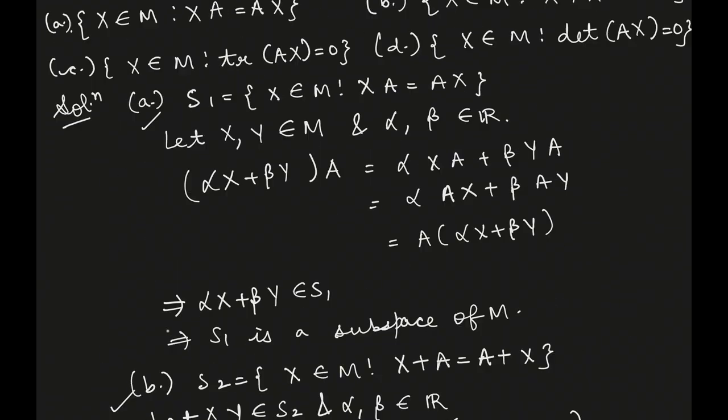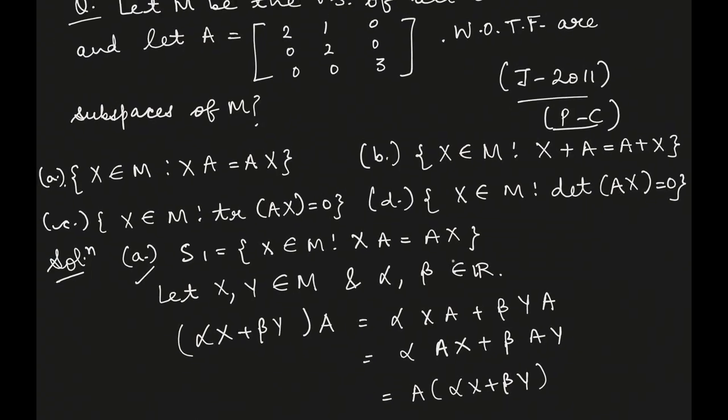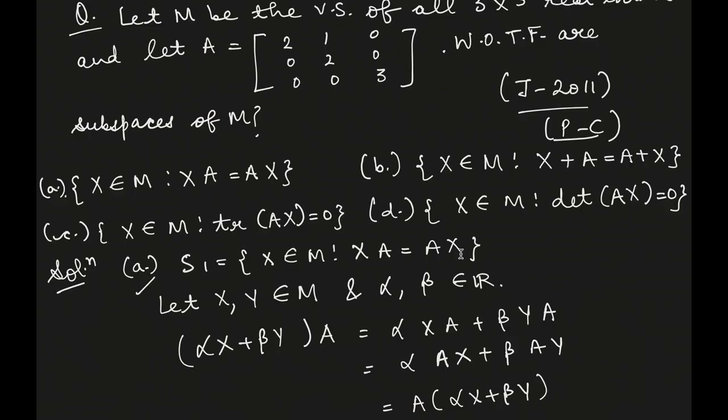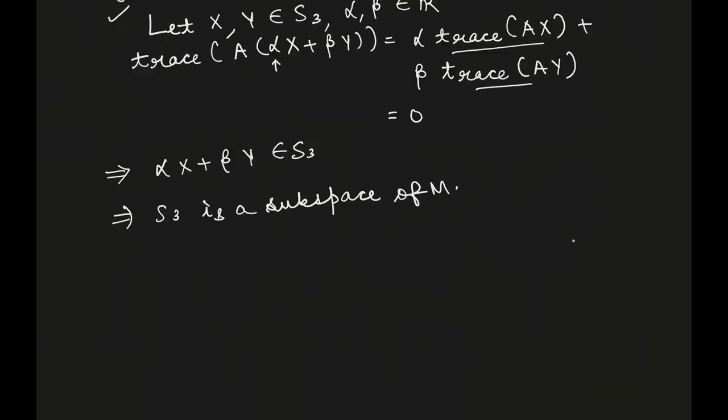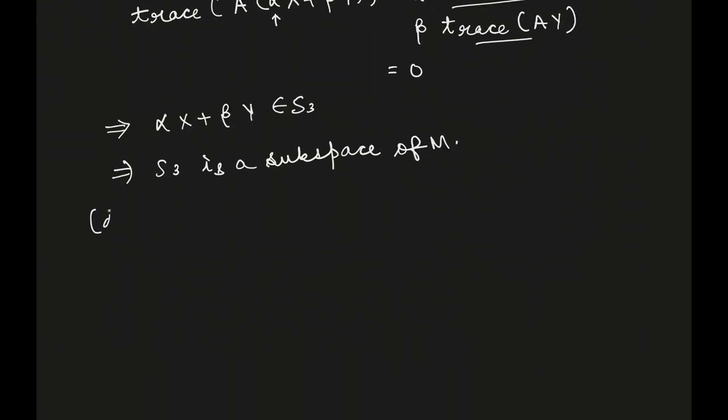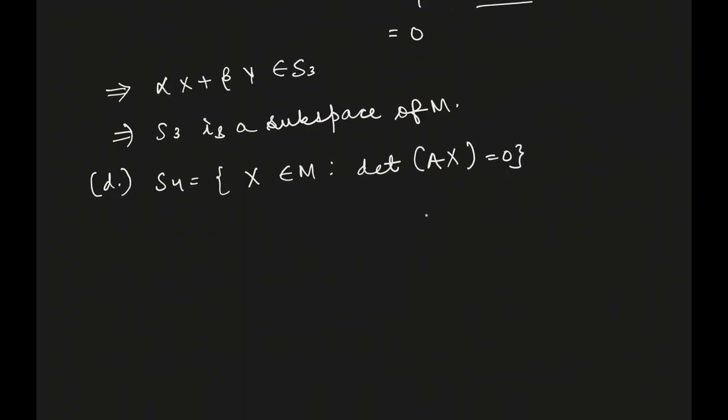Now option D. So option D is correct or not? X belongs to M such that determinant of AX is 0. This is not correct. This is not a subspace. So I need to take a counter example.